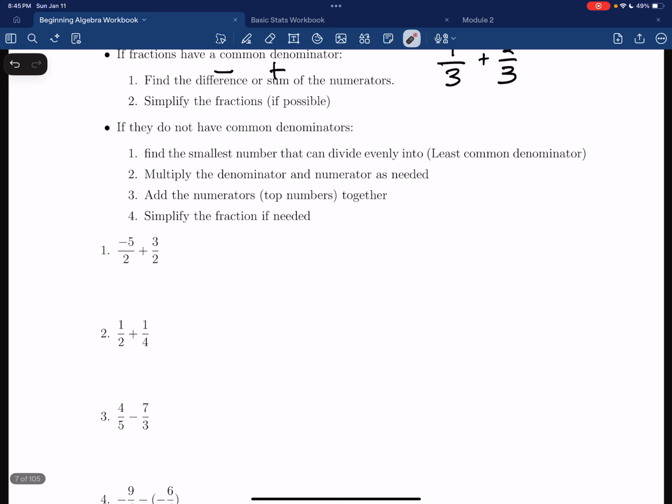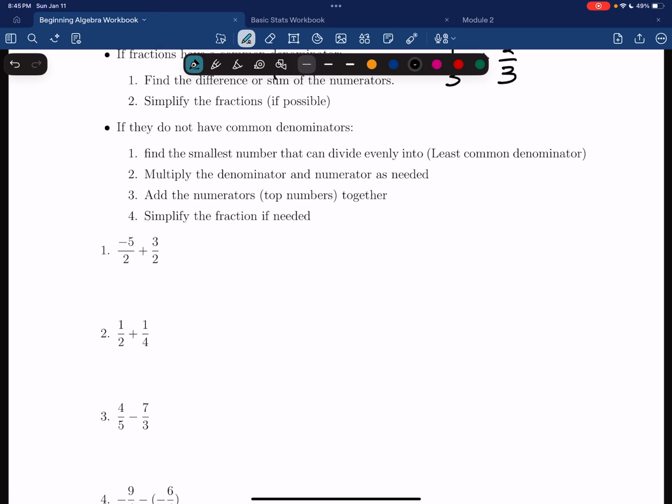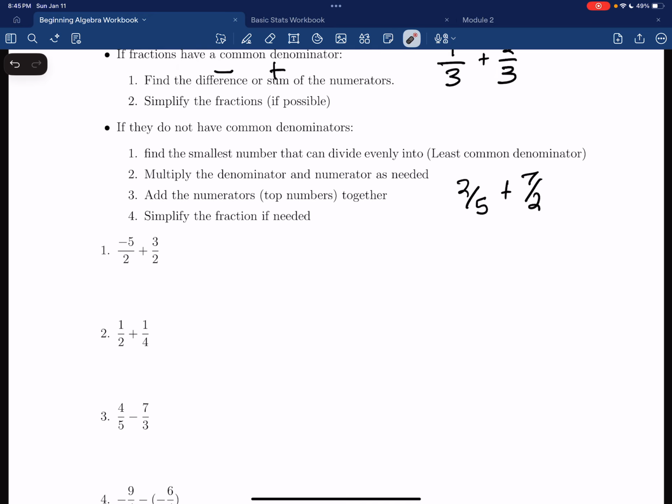Now, if we have two fractions that don't have a common denominator, for example, 2/5 plus 7/2, these 5 and 2 are not the same value, so they don't have common denominators. So in this case, what you're going to have to do is find the smallest number that both the denominators can divide evenly into.